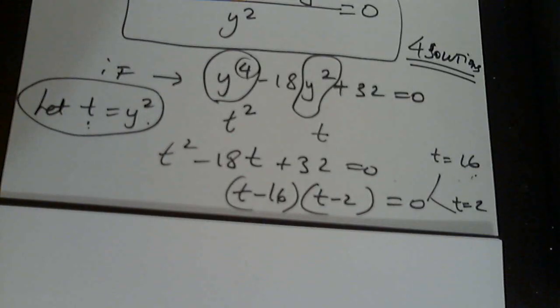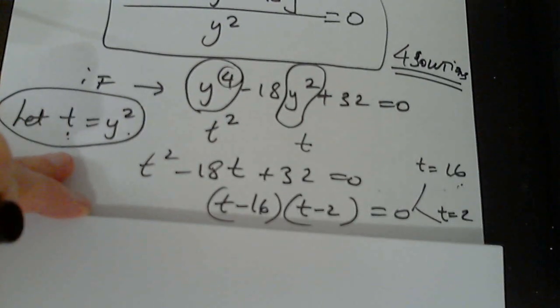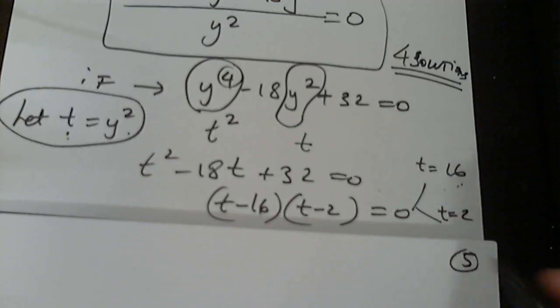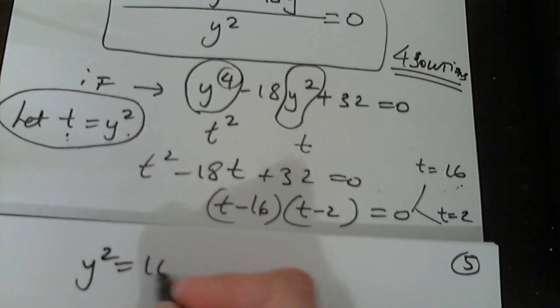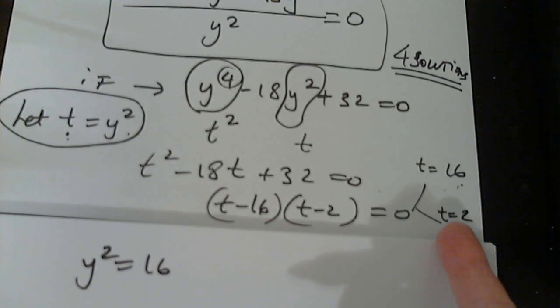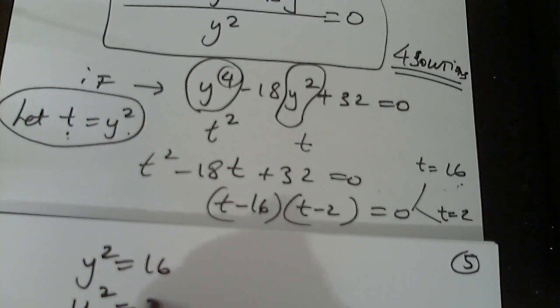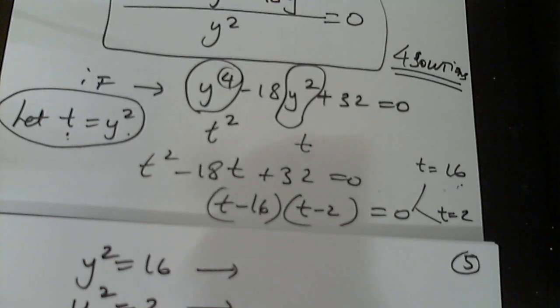Which equations? That t equals 16 or y squared equals 16, and the other one y squared equals 2. What solutions do we get from these 2 now? And this is final for y, but then we have to go back and find x.